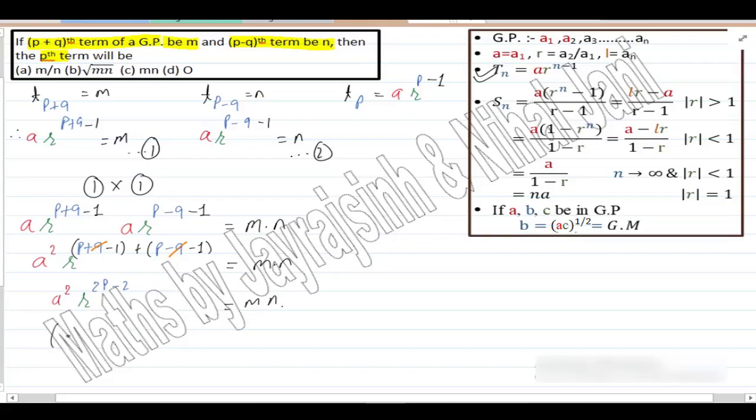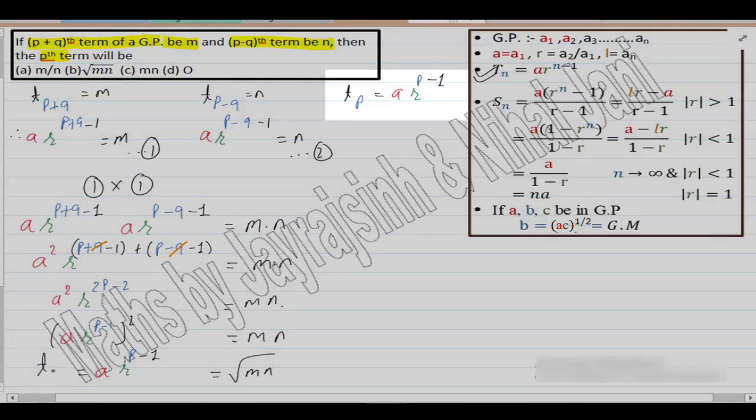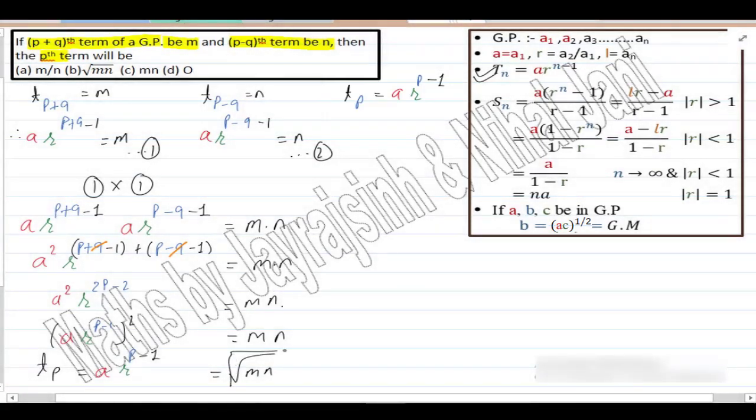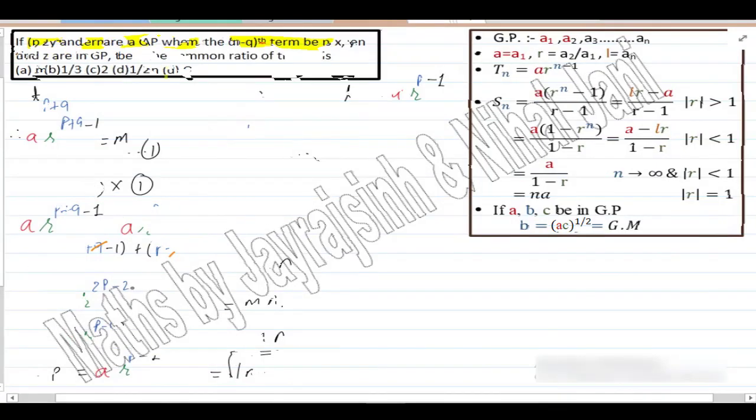Or we can say (ar raised to p minus 1) the whole square is equal to mn. So finally we can proudly say ar raised to p minus 1 is root mn, which is nothing but our pth term. So tada! Option B is your answer.